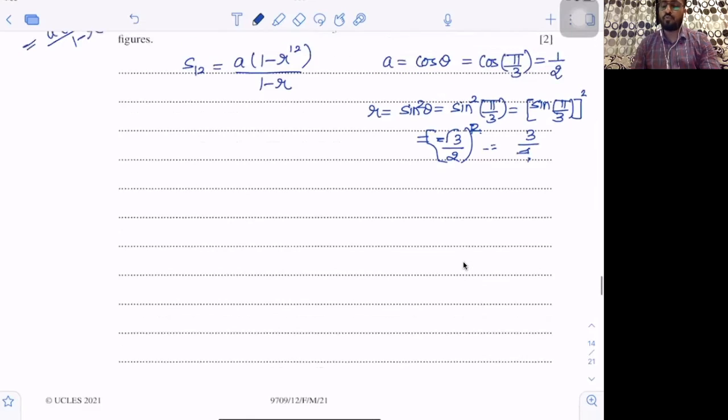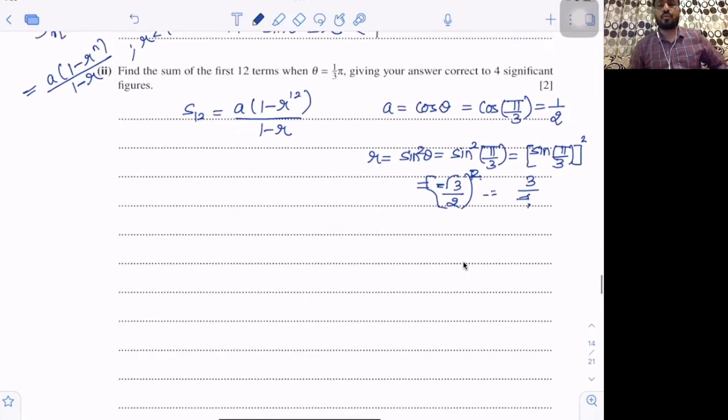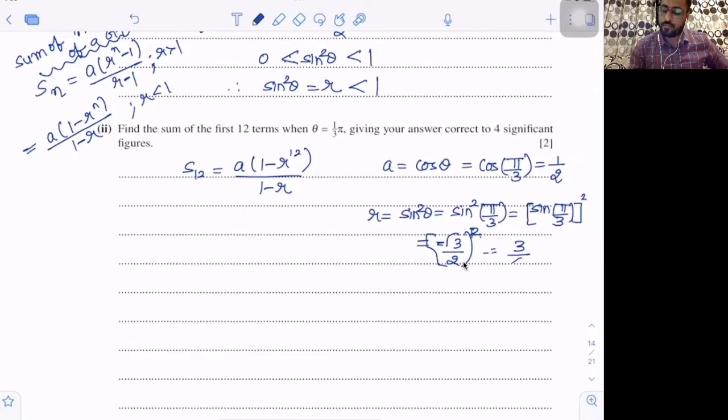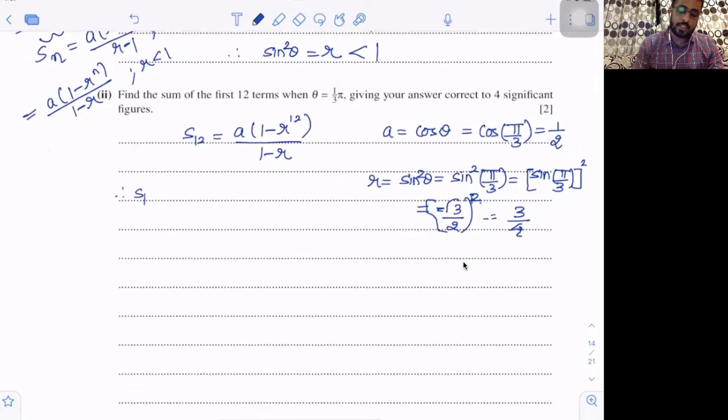The value of r, which was sine square theta, has come 3 upon 4. So now I've got the value of r as 3 upon 4. I have the value of a, which is 1 upon 2. I can get S12, isn't it? So S12 will become equal to what? So therefore, S12 becomes equal to a.